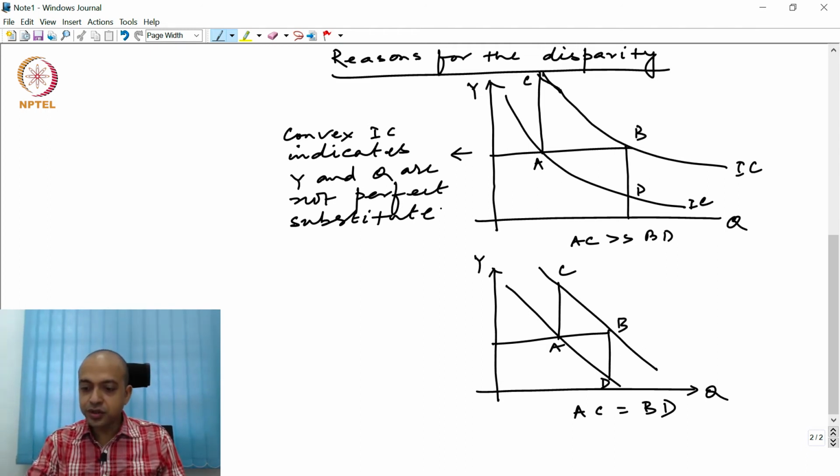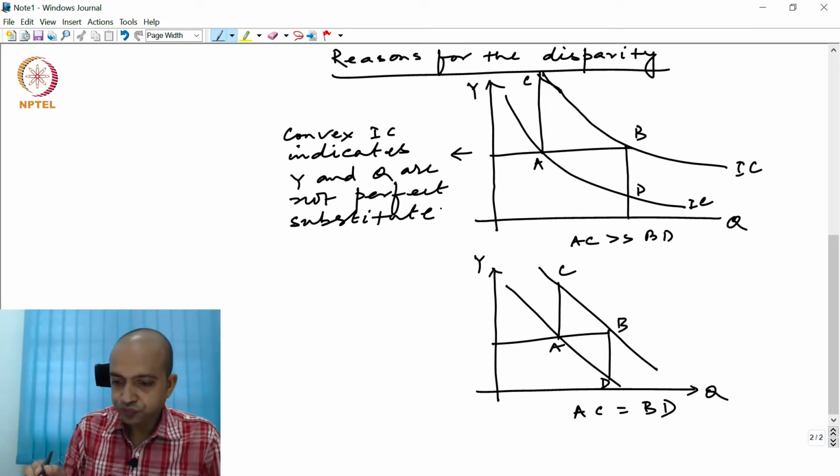When the individuals are facing a preference which is perfect substitute, that means when the indifference curve is a downward sloping straight line, you see from the diagram, there is no divergence, there is no disparity between willingness to pay and accept, right?